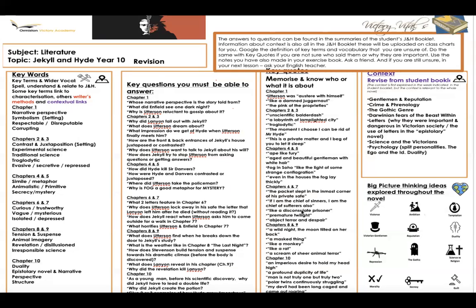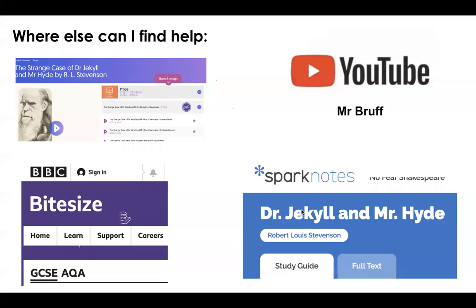So that is what students have been provided with, but they may also want to do some extra revision on top of that. So we do have access to GCSE Pod, and all students have been provided with a login for this. If you don't know your login, please speak to your English teacher.